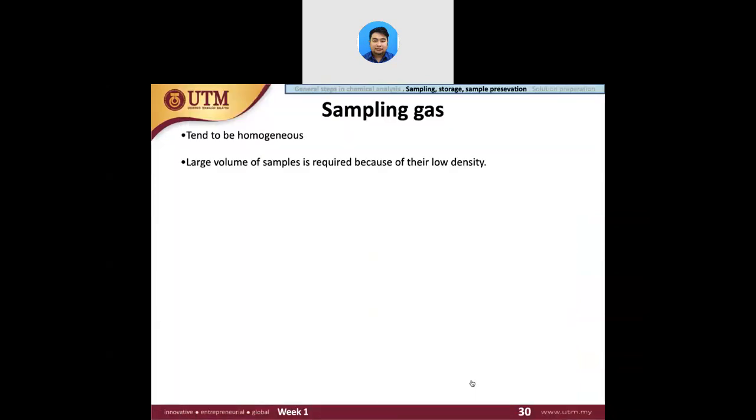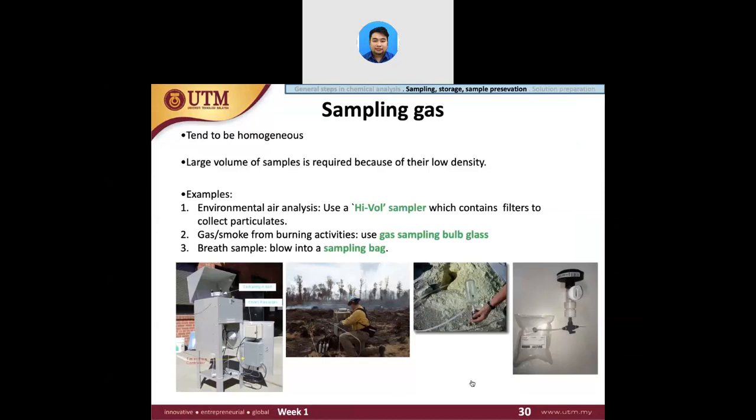Okay, how about sampling gas? Earlier we looked at solid, and then we have looked into liquid. Now we are looking at gas. Gas tends to be the most homogeneous. Large volumes of samples are required because of their low density. For example, environmental air analysis will use a high volume sampler which contains filters to collect the particulates inside the air.